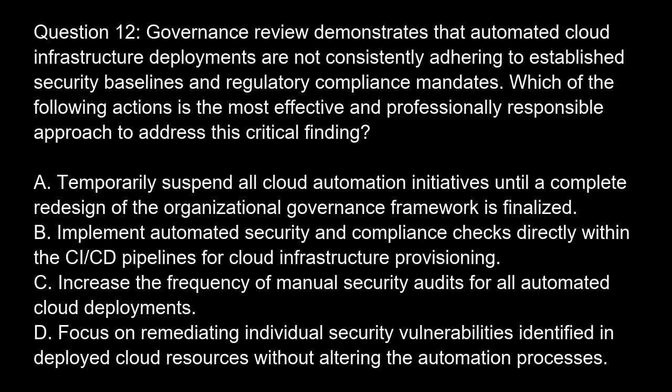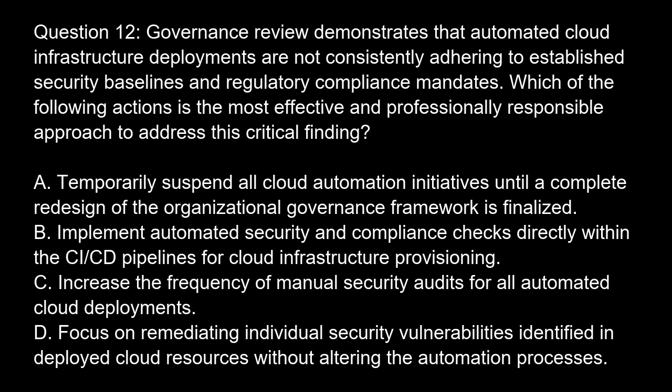Question 12. Governance review demonstrates that automated cloud infrastructure deployments are not consistently adhering to established security baselines and regulatory compliance mandates. Which of the following actions is the most effective and professionally responsible approach to address this critical finding? Option A. Temporarily suspend all cloud automation initiatives until a complete redesign of the organizational governance framework is finalized.